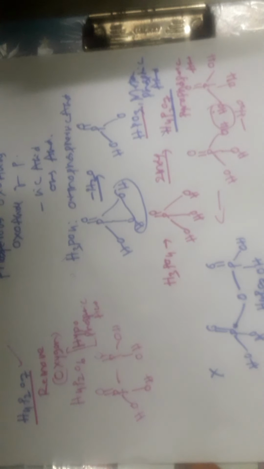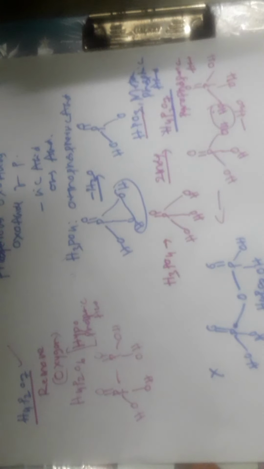So this is the most important one. Kindly keep it in mind: orthophosphoric acid, after removal of water, gives metaphosphoric acid HPO3. Adding up 2 moles of orthophosphoric acid and removing water, we have pyrophosphoric acid H4P2O7.